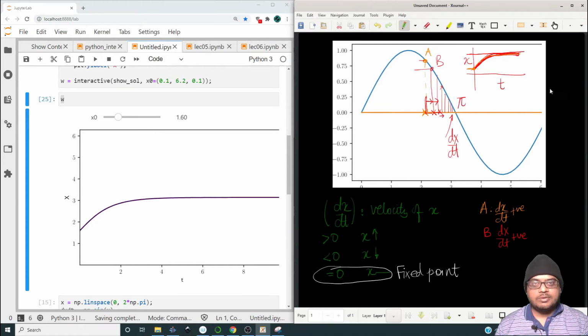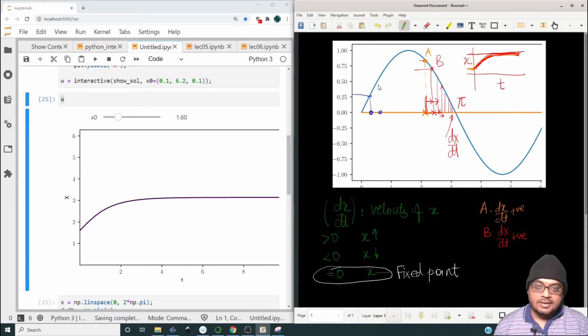Now, what happens when you start off on an initial condition over here? When you start over here the value of the velocity is something like this, but it is positive. So at the next time instant, it will go over here. When it reaches a value of higher x, the velocity has increased.